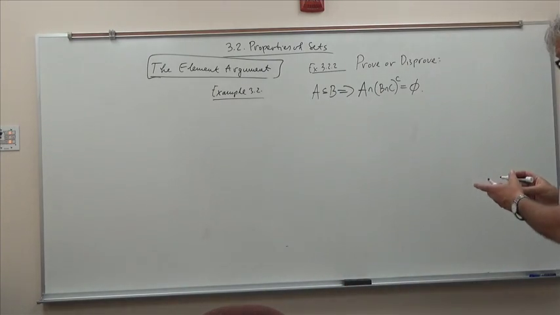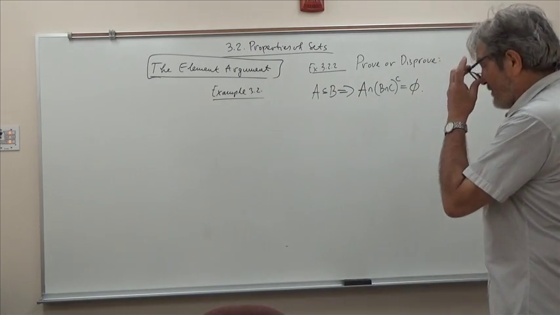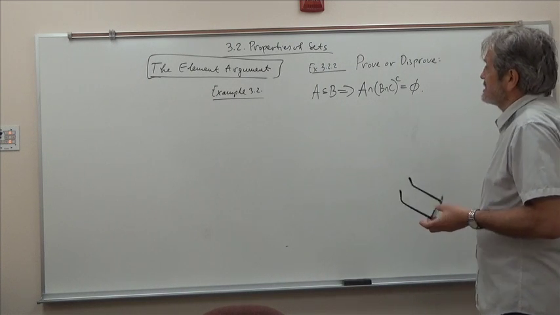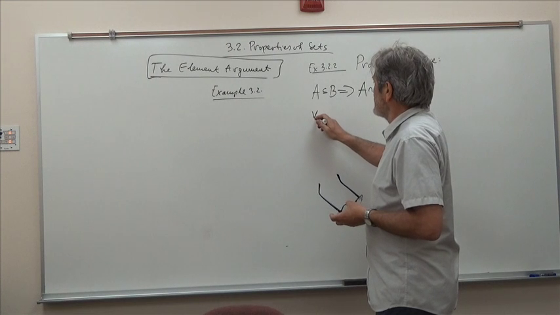So what do I do here? I will draw the most general Venn diagram that I have to. So assume A is a subset of B, so I use a Venn diagram.